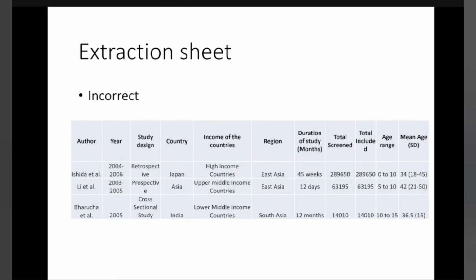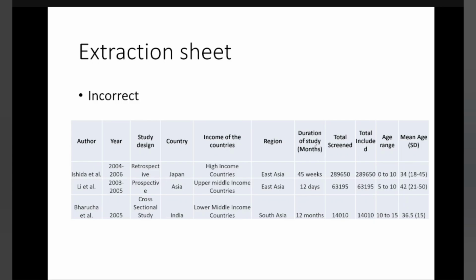And this is an example of how an incorrect extraction sheet looks. There is one rule for the extraction sheet: when we are extracting a single piece of information in a single cell, everything must be homogeneous. For example, take duration of study in months.